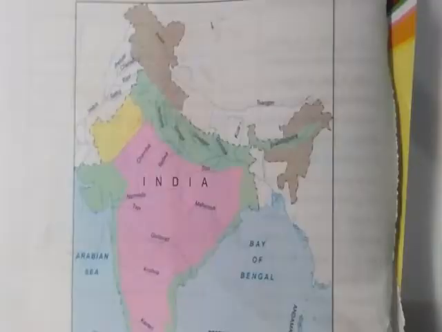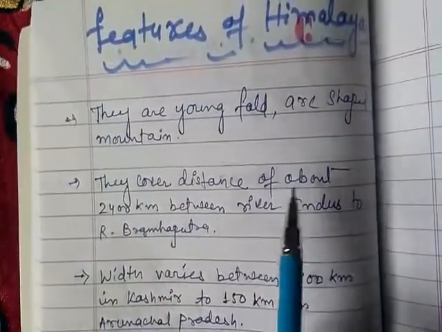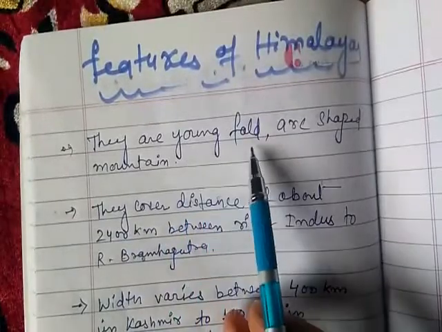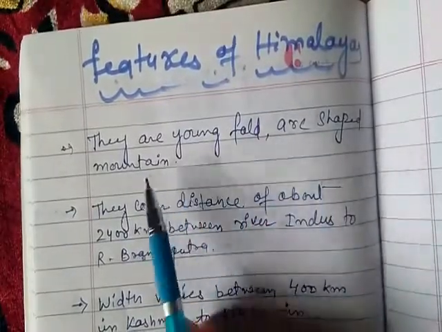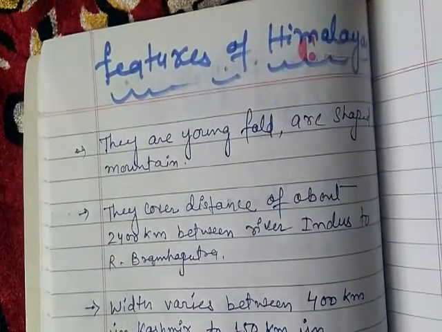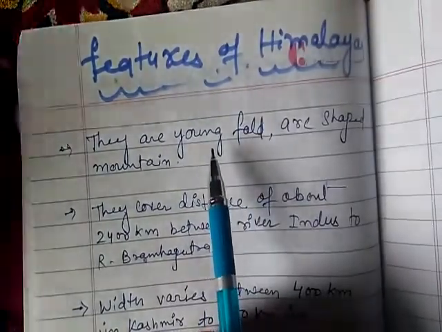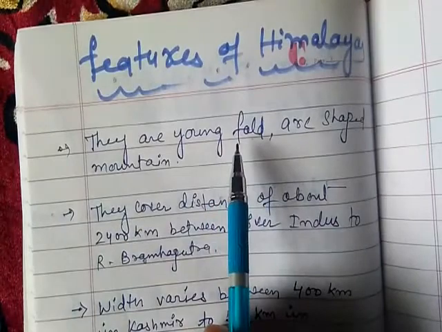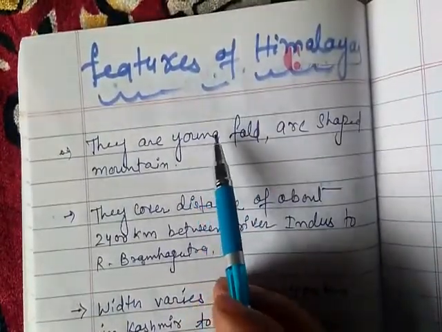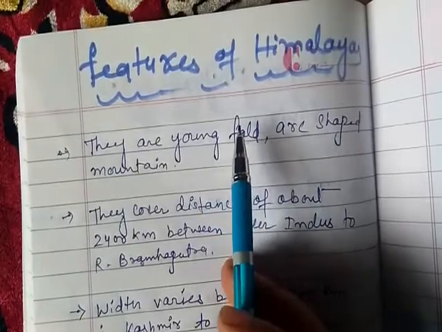Himalayas are young, fold and arc-shaped mountain. Young because it was recently formed. It was formed in the latest geological period, and it is young because it represents a youthful topography. Youthful topography means it has high peaks, deep valleys and fast flowing rivers.